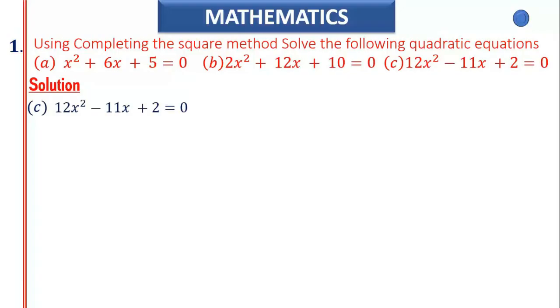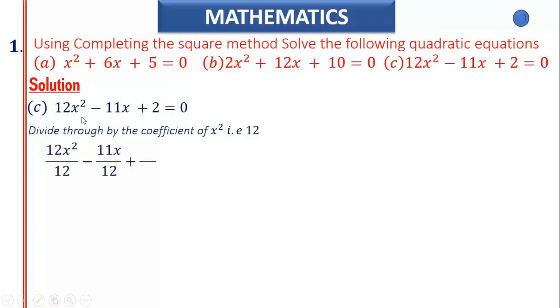12x squared minus 11x plus 2 equals 0. As usual, you divide through by the coefficient of x squared, which is 12 in this case, so we have 12x squared divided by 12.